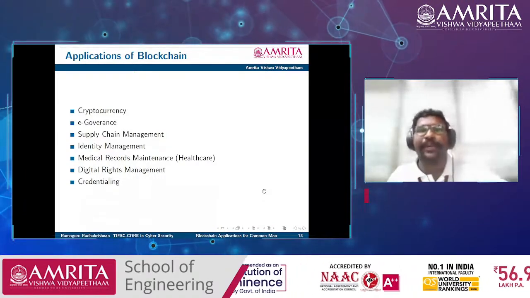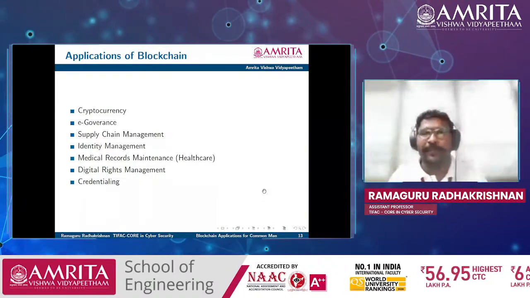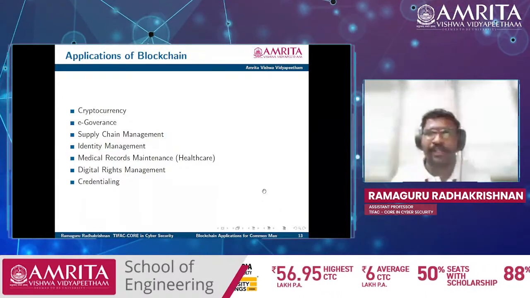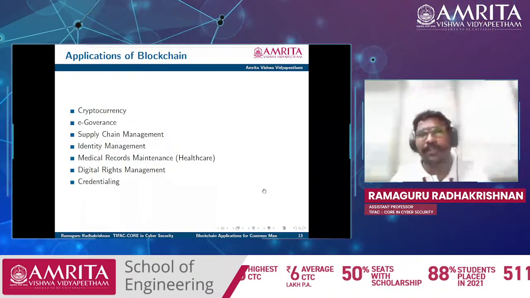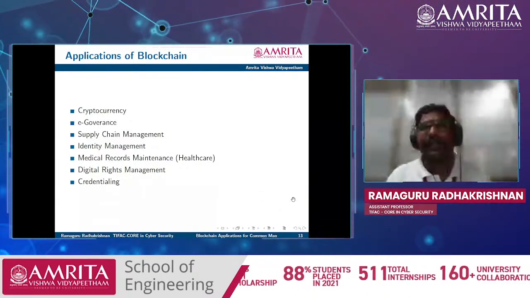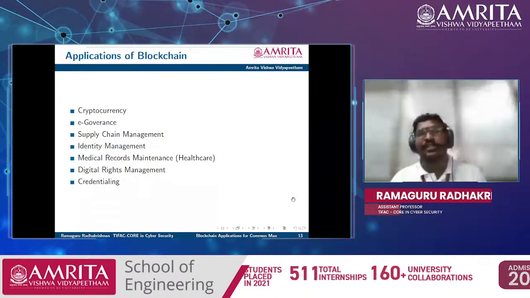That can be verified independently by an employer without even contacting the issuing organization, in this case IIT Kanpur, Amrita Vishwa Vidyapeetham, whatever it is, right? So credentialing is another major application.